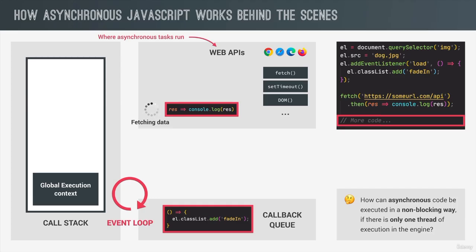So it all depends on the state of the callback queue and also another queue that we're going to learn about in a second. Now, another thing that's important to mention here is that the callback queue also contains callbacks coming from DOM events like clicks or key presses or whatever.